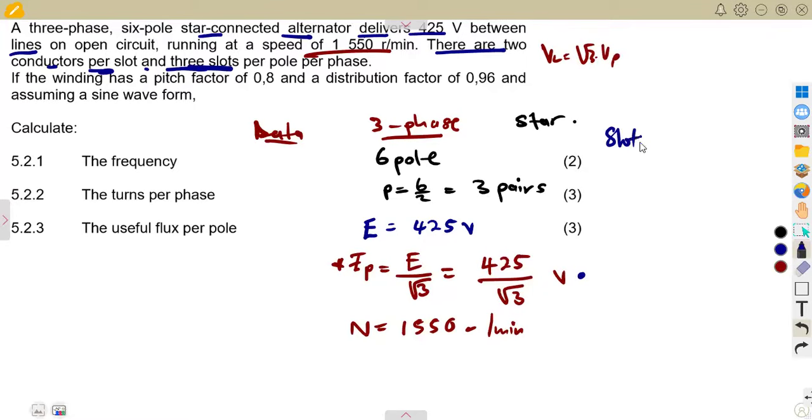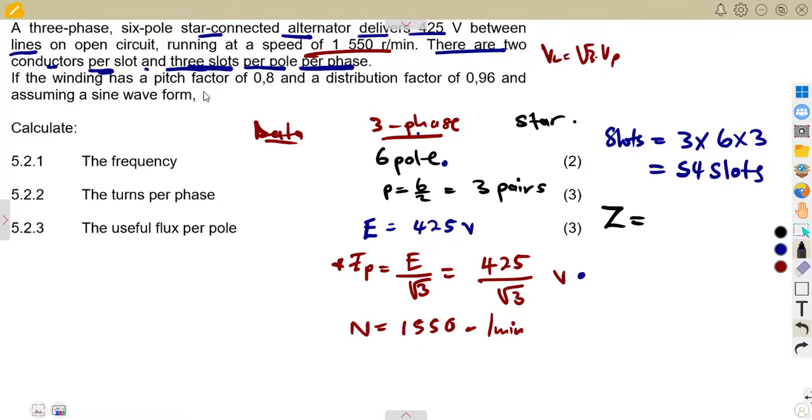So let's talk about the number of slots. How many slots do we have? There are 3 slots per pole. How many poles? 6. So you multiply by the poles. Per phase. How many phases? 3 phases. This is just about the slots only. So there are 54 slots. But what about the conductors now?